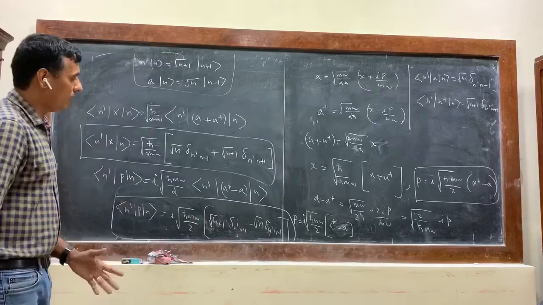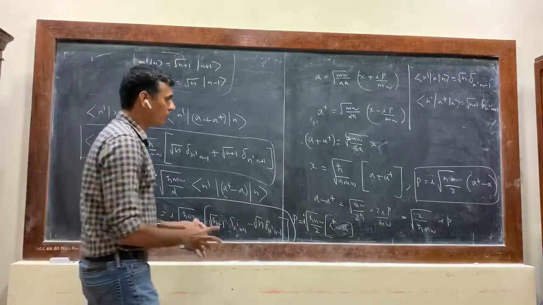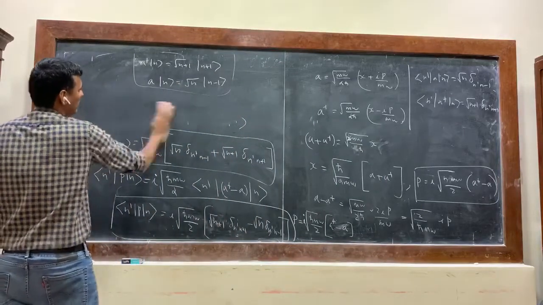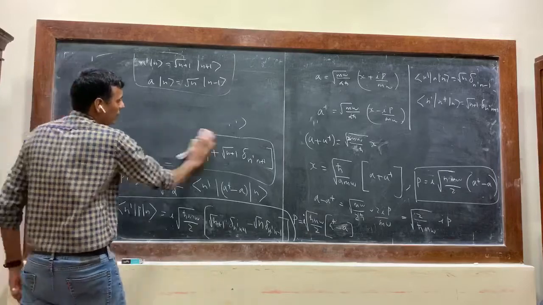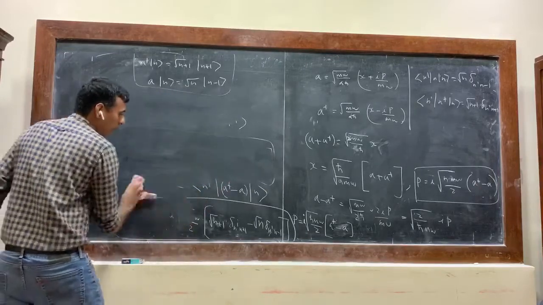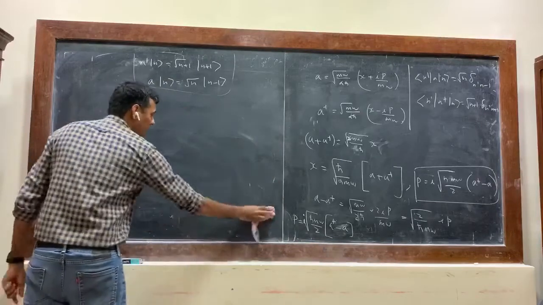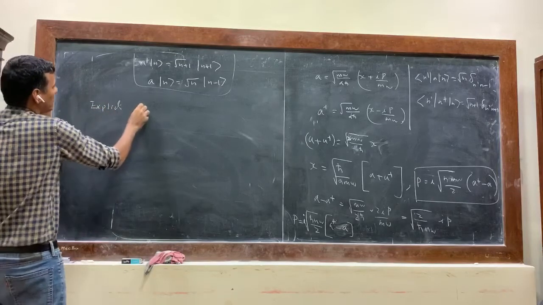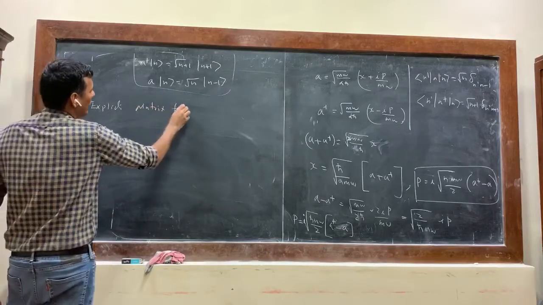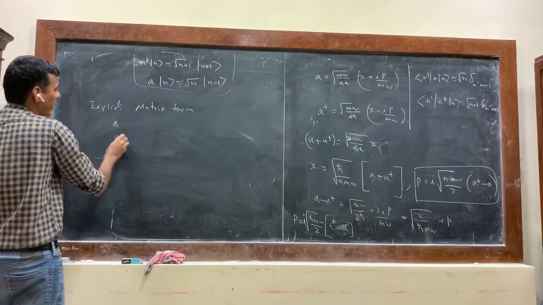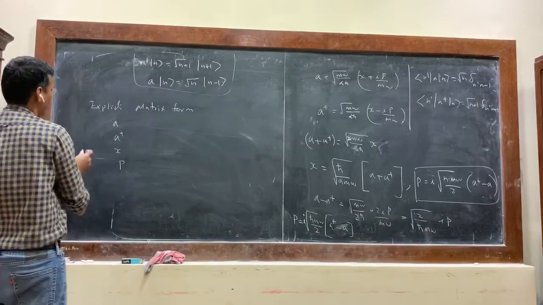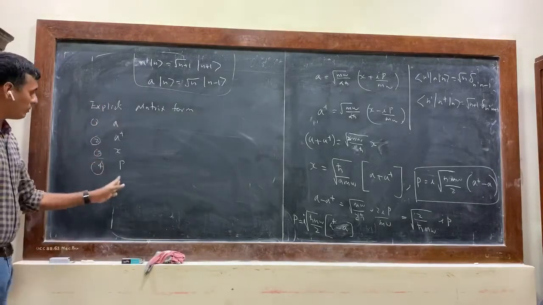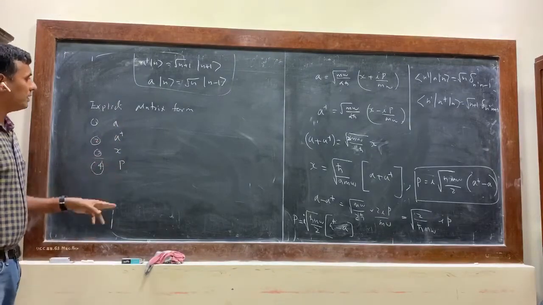Okay, now I give an exercise for you. What you need to do is find the matrix representation, I mean the explicit matrix form, for A dagger, X, and P. You have to get all the matrix forms of A dagger, X, and P in the n basis.